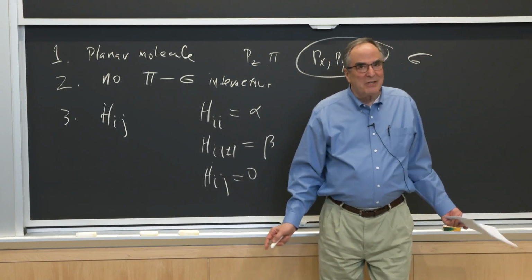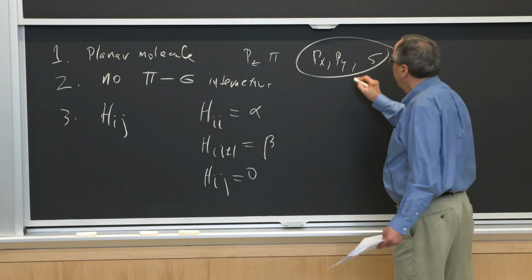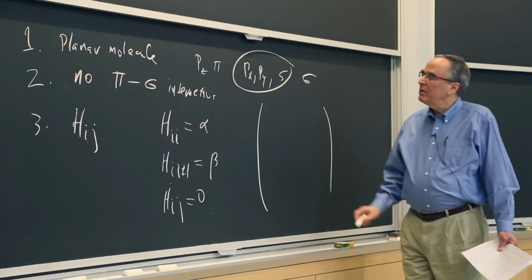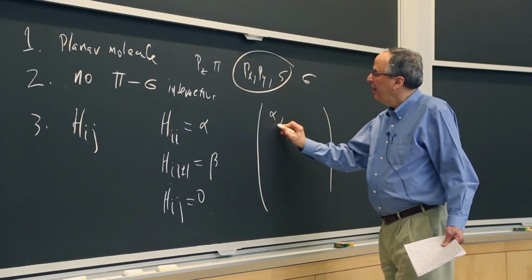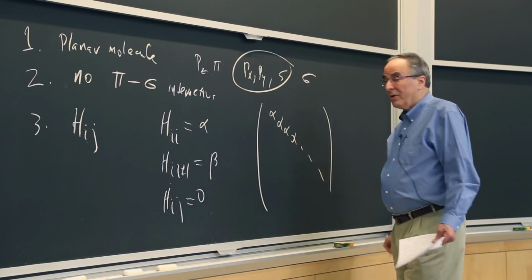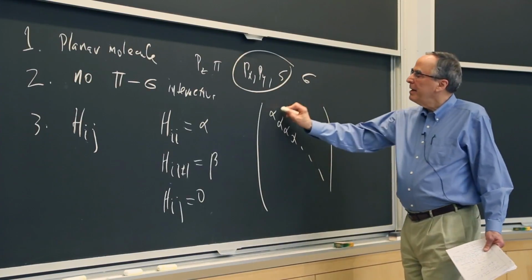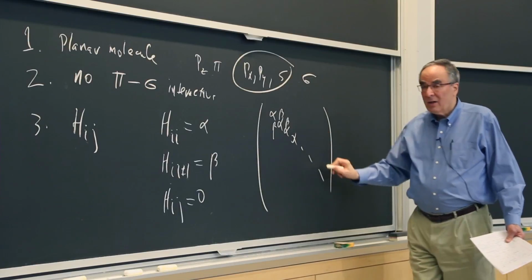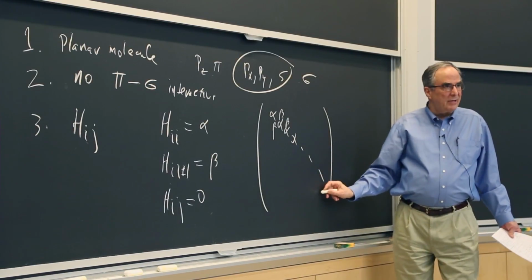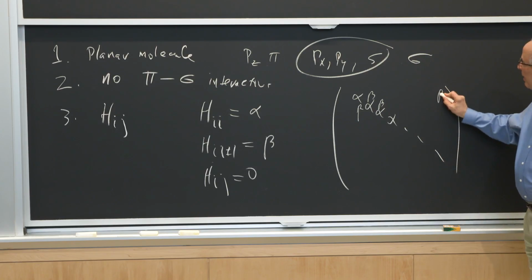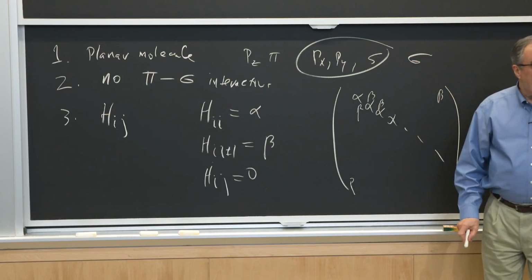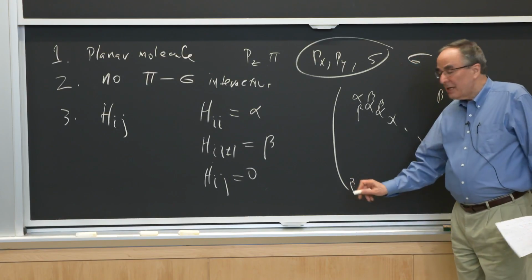That's really convenient. And so you can draw this H matrix, regardless of what it looks like, as alpha, alpha, alpha, alpha, et cetera, along the diagonal, and beta, beta, beta, et cetera, along the near diagonal. And if it's a ring, you have a beta here, here, and here. So that's pretty simple.